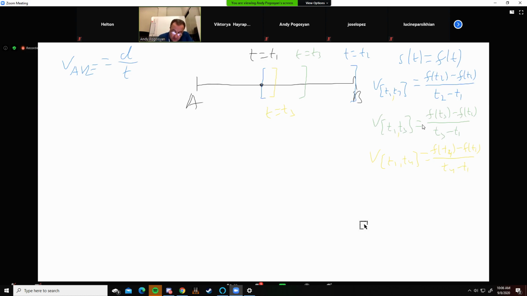And this way we're trying to get closer and closer. If you get very close to this one, then your average velocity will be almost the instantaneous velocity at time t1.